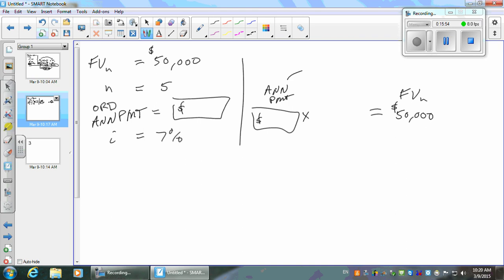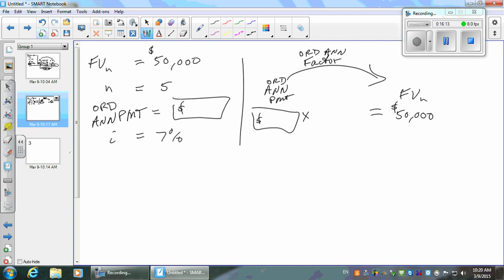And then what I want to do is go look up a factor. This is going to be a factor for an ordinary annuity, because it's an ordinary annuity payment. So I'm going to go find that factor. That's the only table the authors gave you, so that's the one you're going to use.